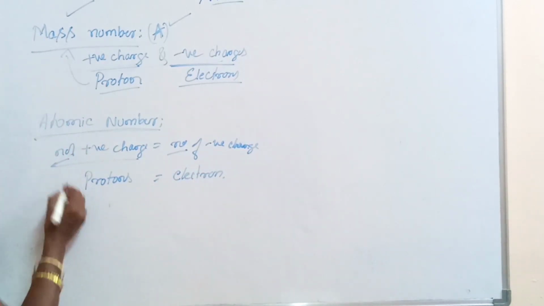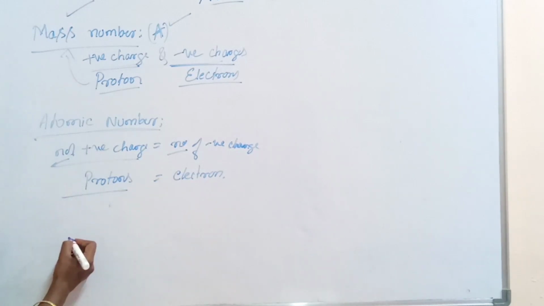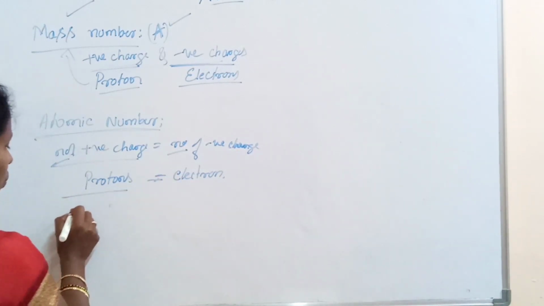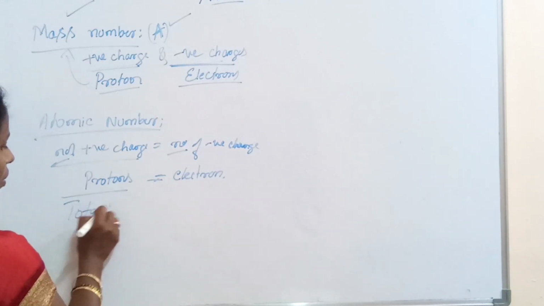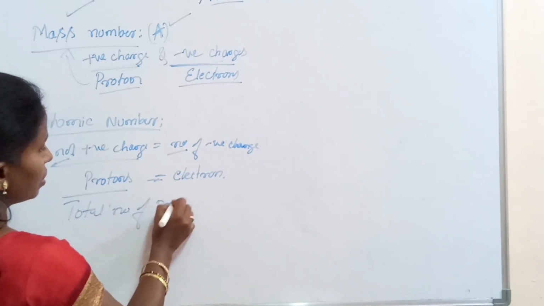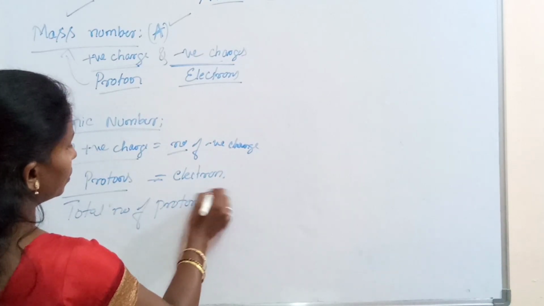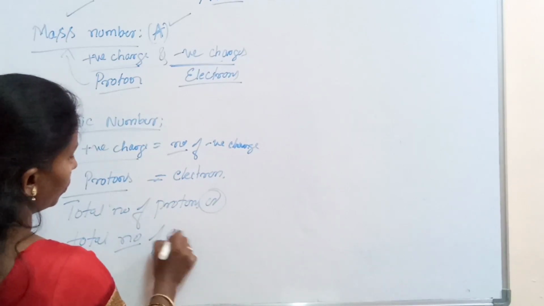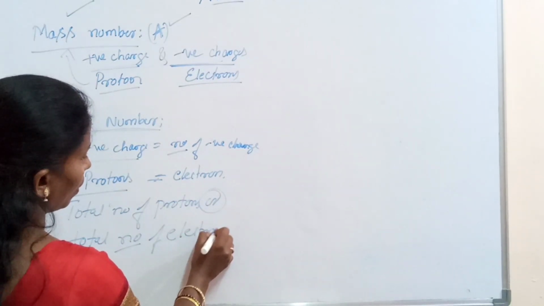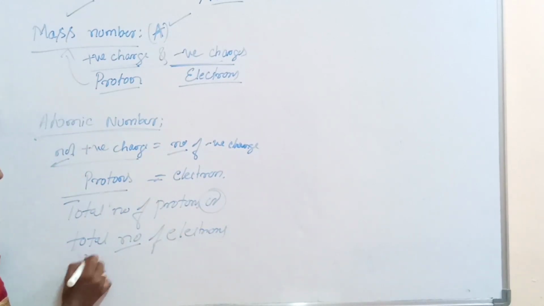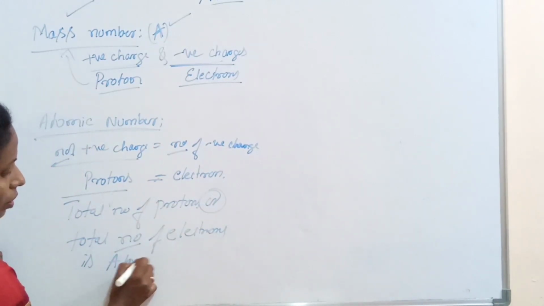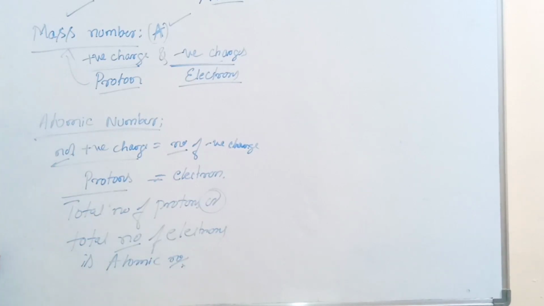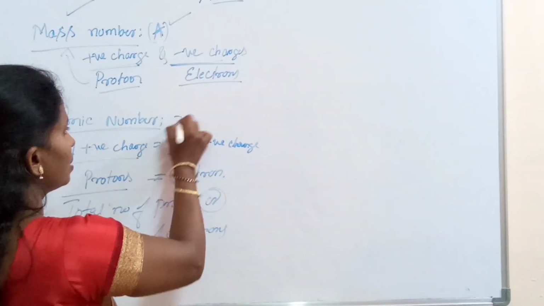So the total number of protons or the total number of electrons is called the atomic number. We represent it with the symbol capital Z.